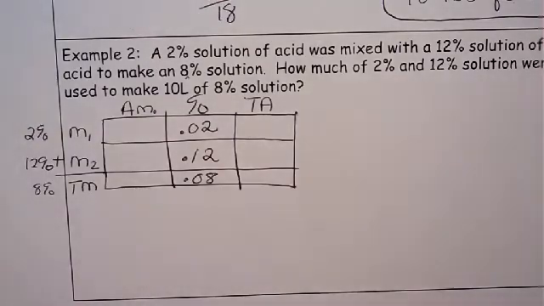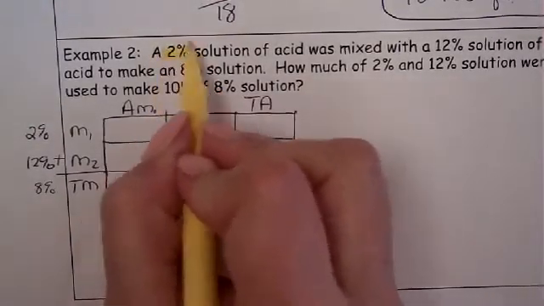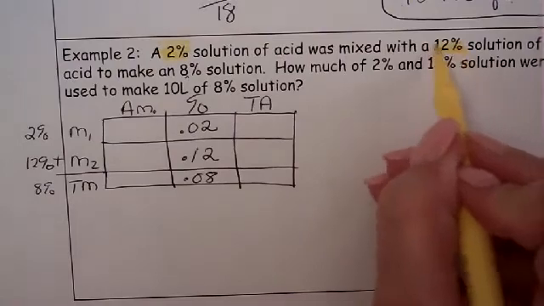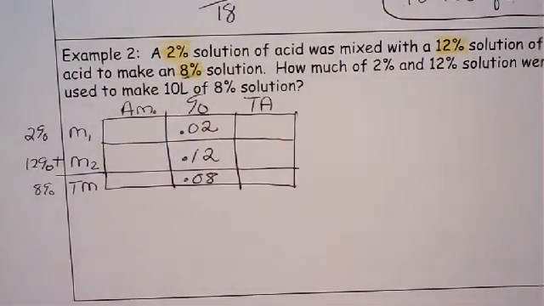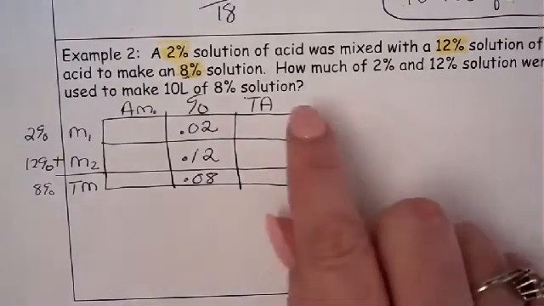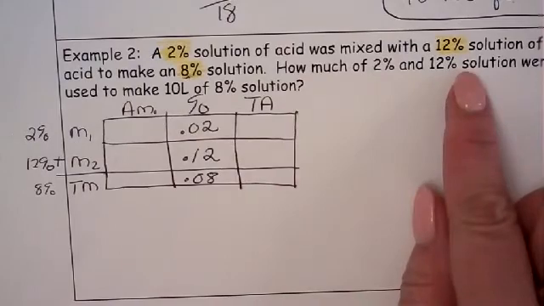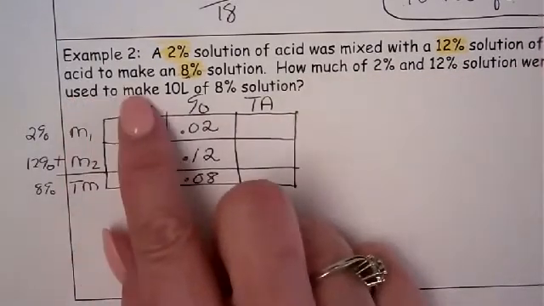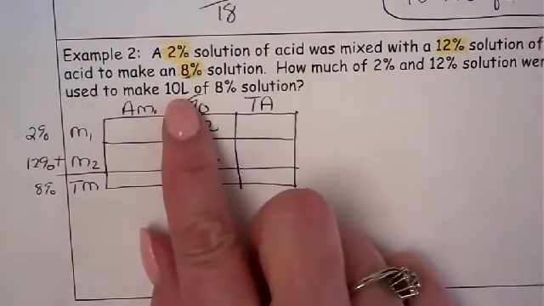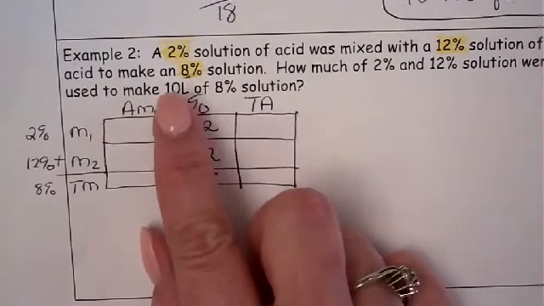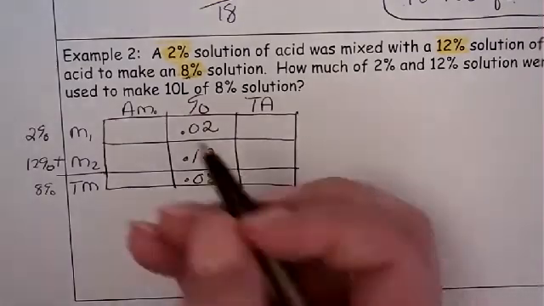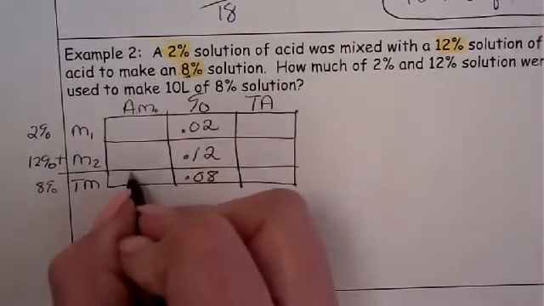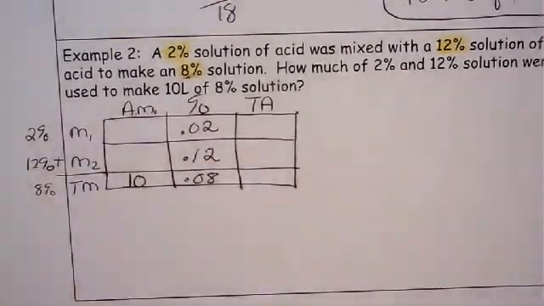So I have just used my 2%, my 12%, and my 8%. Now, let's take a look. The last sentence, how much of 2% and 12% solutions were used to make 10 liters? You know that L's liters, 10 liters of 8% solution. So that means my total amount is going to be 10.